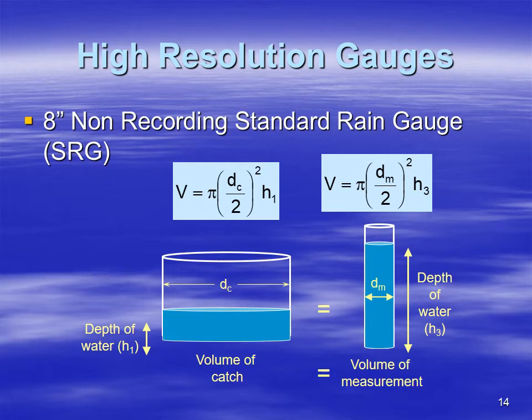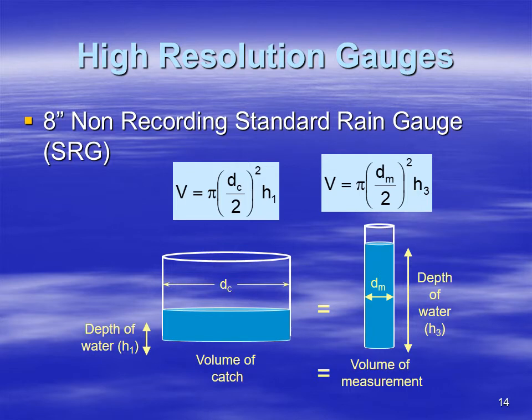Because it rises higher, we can use a measuring stick that is graduated to the nearest 100th of an inch of precipitation. The volumes are the same, the heights are different. Because the height is higher in that smaller measuring can, we can measure more precisely.